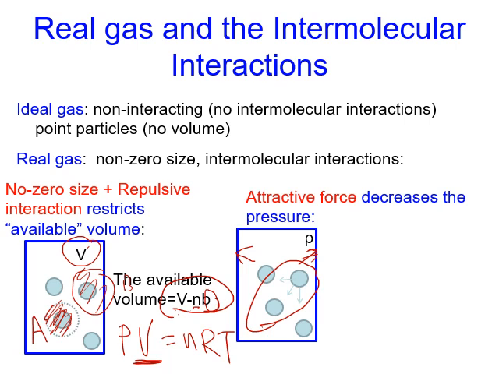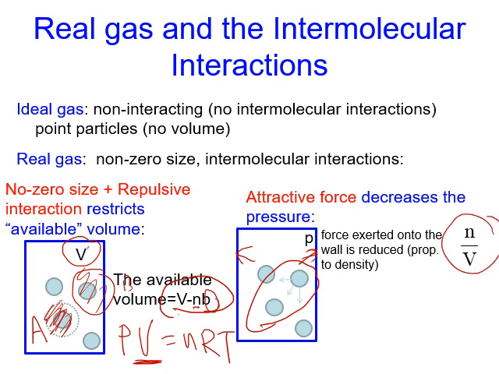Well, first, it will reduce the force, proportional to the density of the molecules. The more molecules you have, the less force they strike the wall with, so it is proportional to the density, which is n divided by V. Now the attraction force also reduces the frequency.